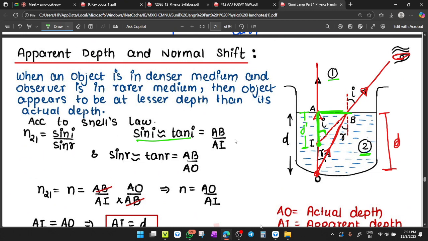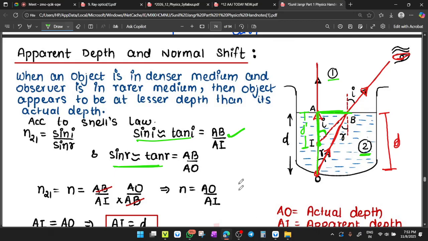So tan theta equals AB upon AI. This becomes sine i. Now sine r is also equal to tan r, which is perpendicular upon base. The perpendicular is again AB and the base is AO. This base is the larger side, that is AO.